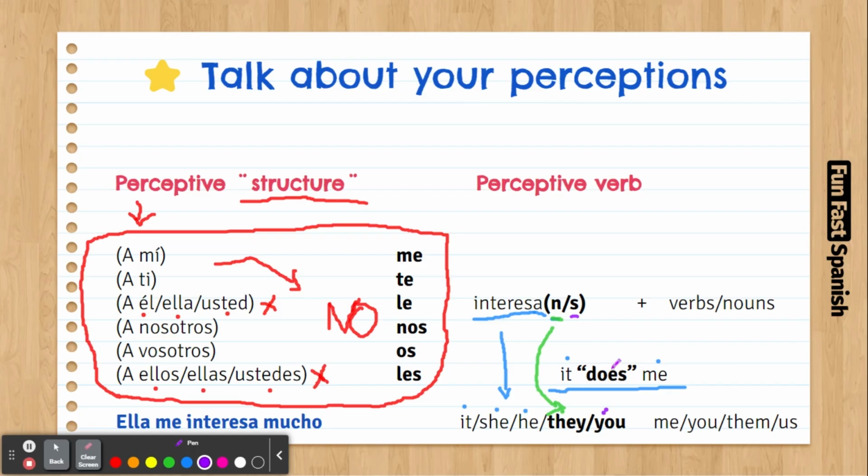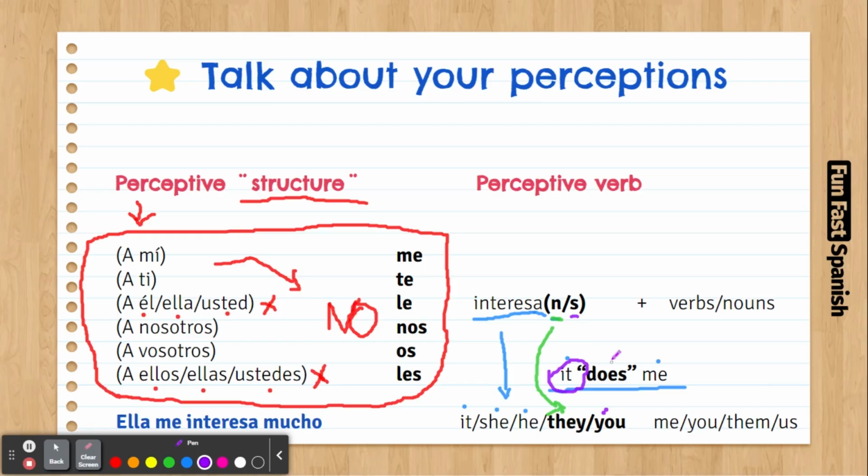So as you can see, this "it does me" can be third person, but it could be anything. It could also be plural. It could be you. And then that's me. It bothers me. They bother me. You bother me.